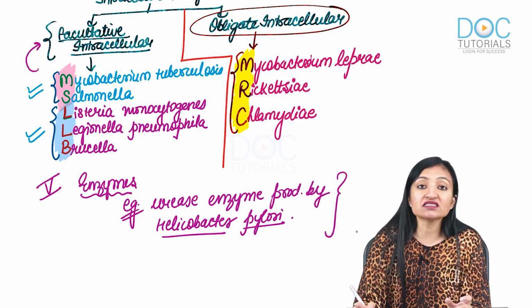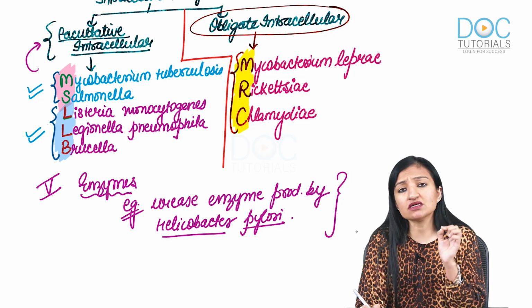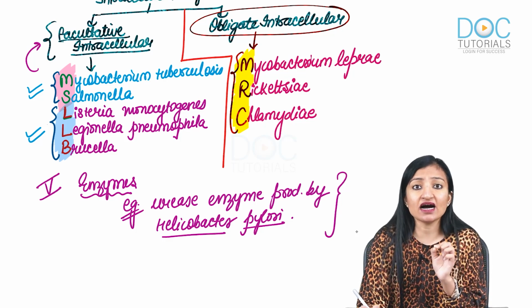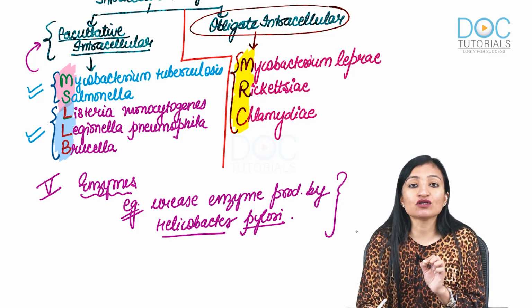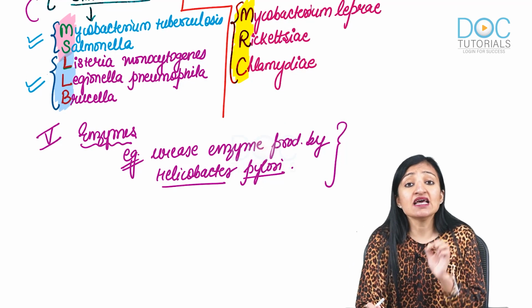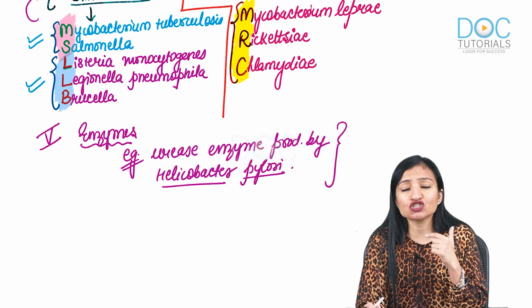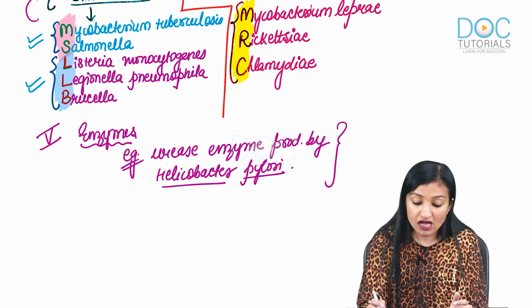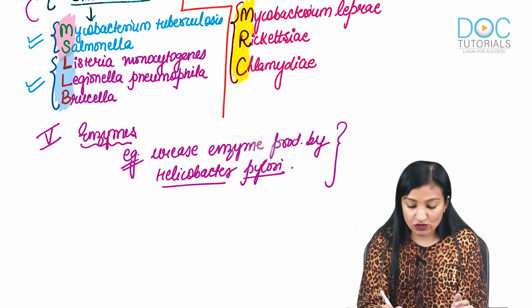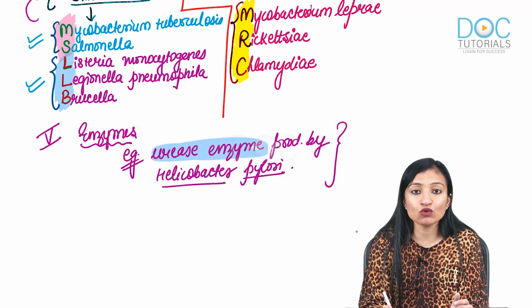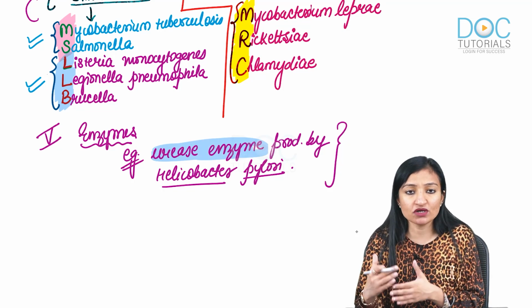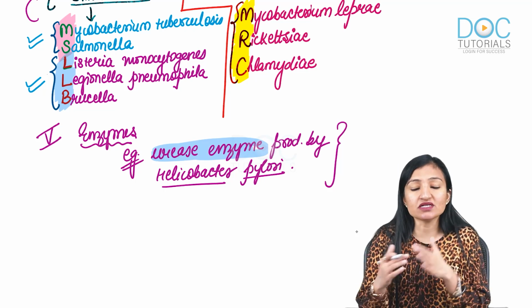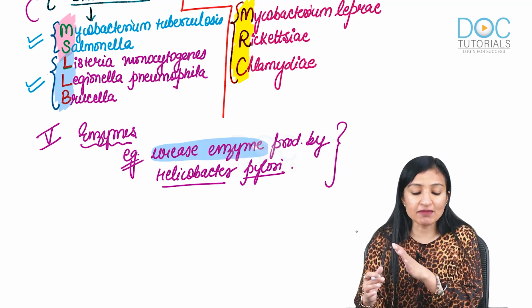Okay, as we discussed before, extremes of pH, alkaline or acidic, are detrimental to microorganisms, yet this special microorganism Helicobacter pylori is able to survive the extreme acidic condition of the stomach by virtue of producing urease enzyme. Okay, this is just one example of an enzyme produced by a microorganism. Many more enzymes we are going to discuss in detail with different bacteria.